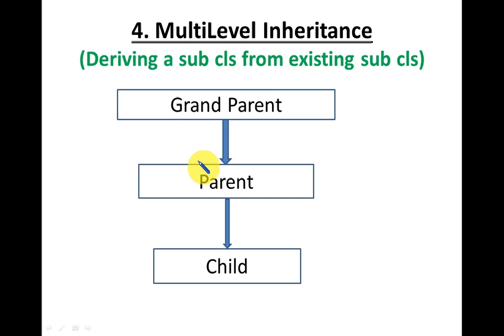Again from this parent we are inheriting one more subclass, that is the child class. So here there are 2 levels. Inheriting the parent class from the grandparent is one level, whereas inheriting a child class from this parent class is another level. So this is multi-level inheritance.